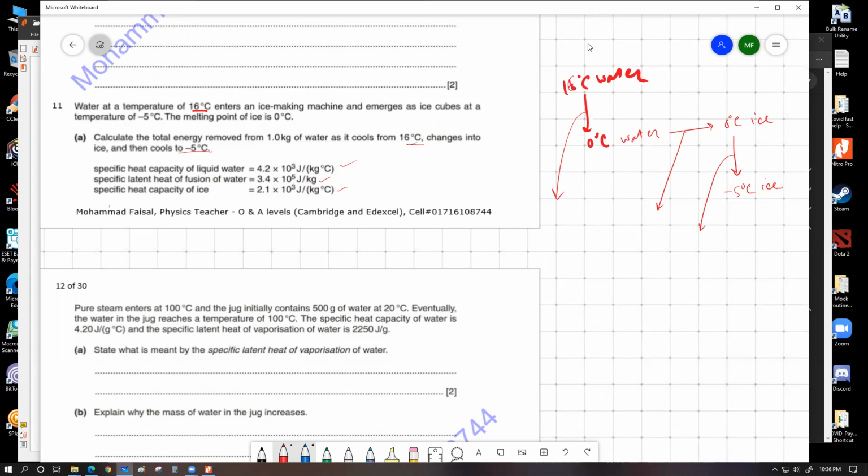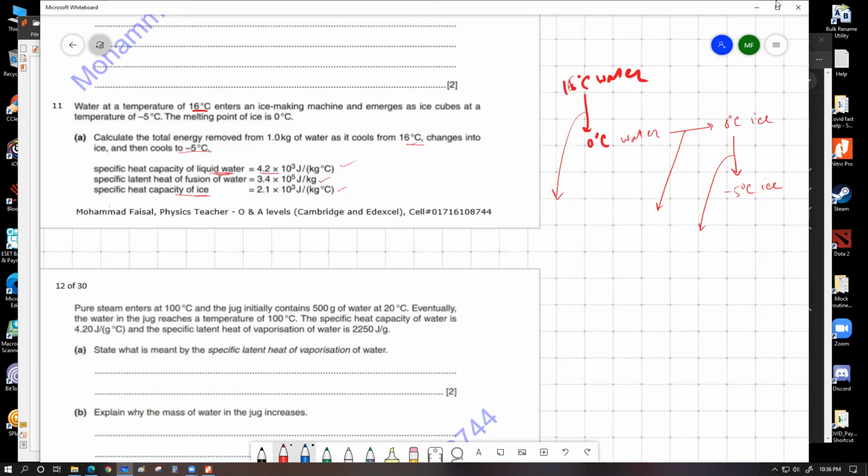But what is important is that we do not mess up the specific heat capacity values for 2 different states. Have a look.